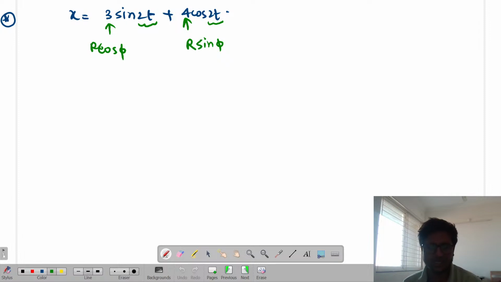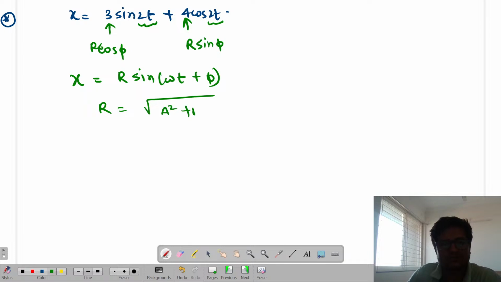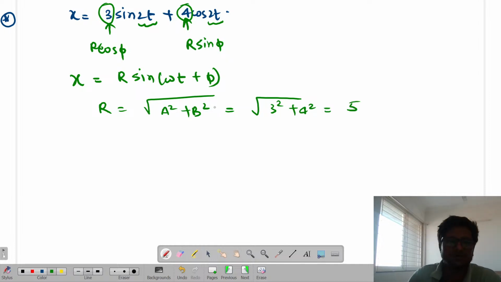Look carefully, if the value of x has this form, then it is r sin(omega t plus phi), where r is root under a square plus b square. A is 3, b is 4, so root under 3 square plus 4 square, how much is that? 5.